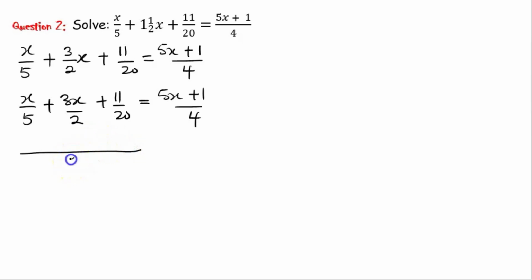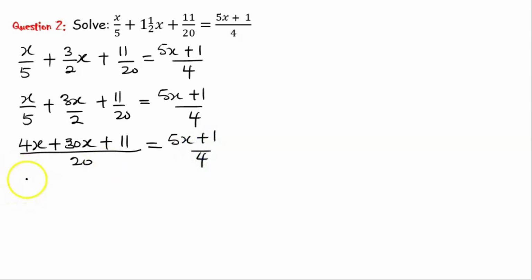The LCM, of course, is going to be 20. Now, 20 divided by 5 is going to give us 4, times x, that's 4x. 20 divided by 2 is going to give us 10. 10 times 3x is going to give us 30x. Then plus 11. Of course, 20 divided by 20 is 1, and 1 times 11 is 11, is equal to 5x plus 1 over 4.